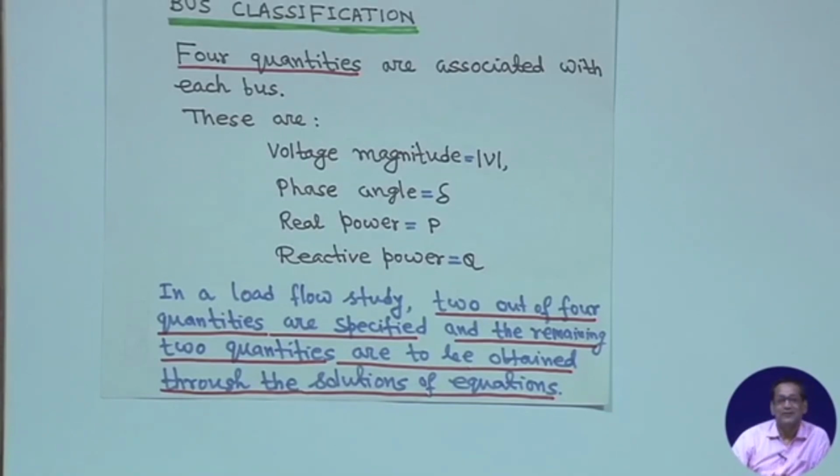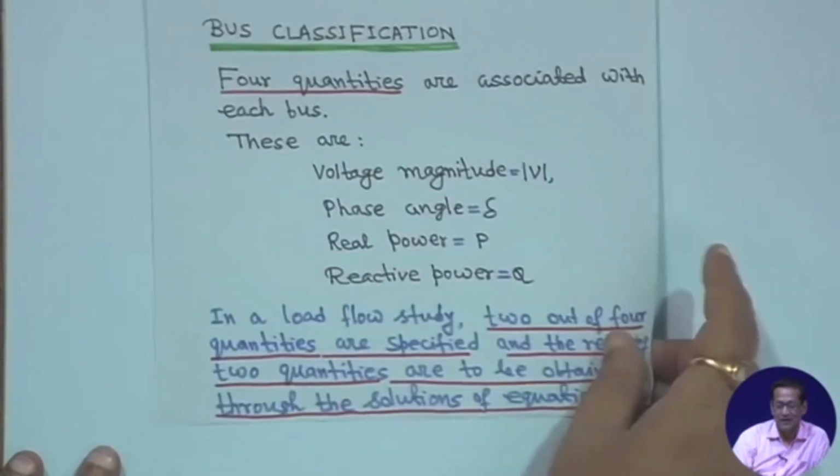So, that is why in many cases many other types of buses are being introduced, right. PV and PQ bus is one thing, and some other things also you can make as per your requirement.